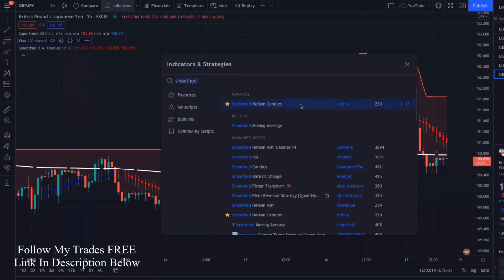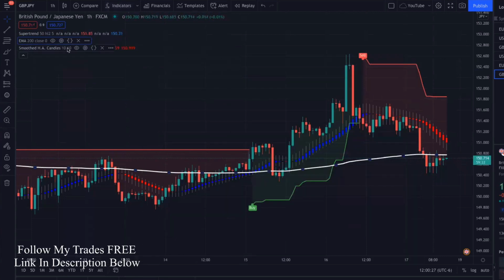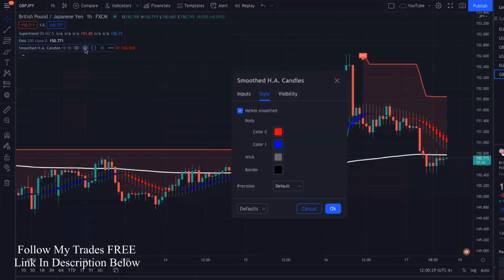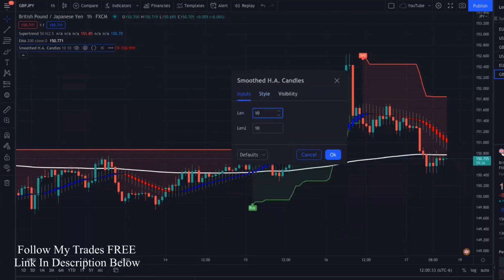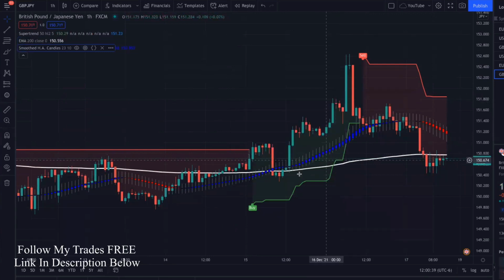And then I'll go into a little bit more of a discussion about the Heiken stuff and the smoothed Heiken candles. So we've added that. We're going to make some changes to this as well. Click again on settings. And for the inputs over here, we're just going to change the length to 23 instead of 10. All right, click OK. Now you've got your chart set up.